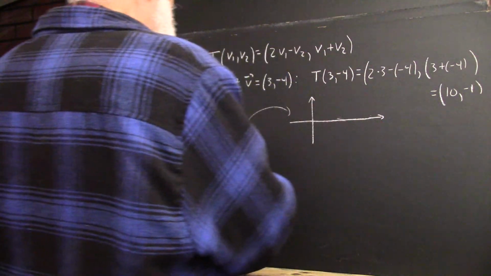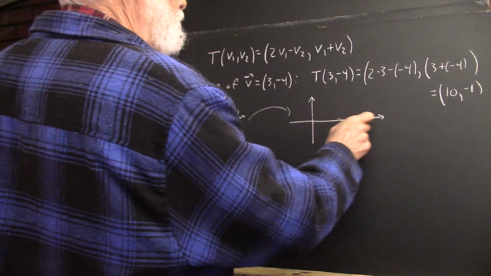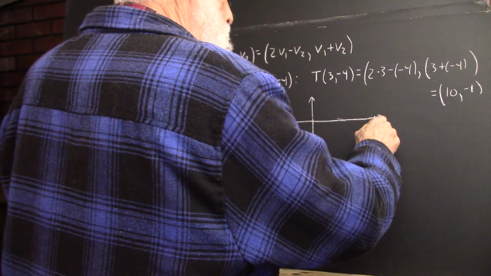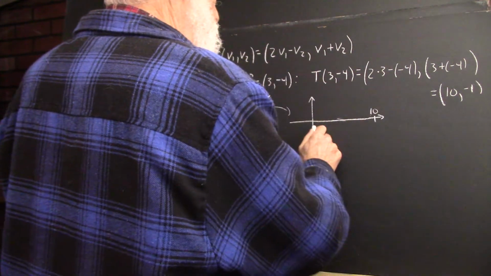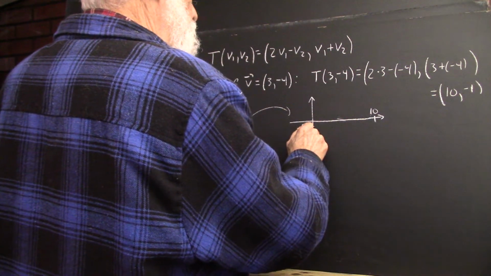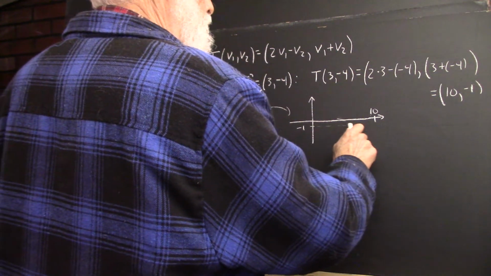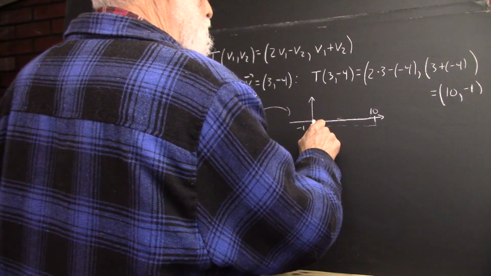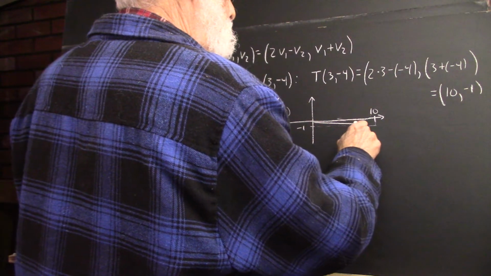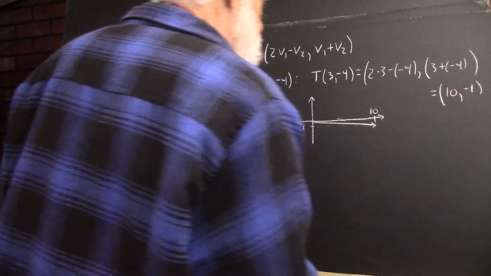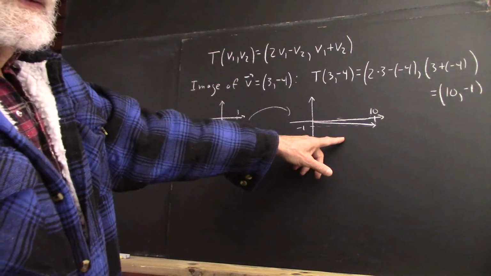So if 3 is here, then 10 is going to be 3 times that far, and then a little bit more. So here's 10. Let's say here's negative 1. So we can project over here. And here's our image.